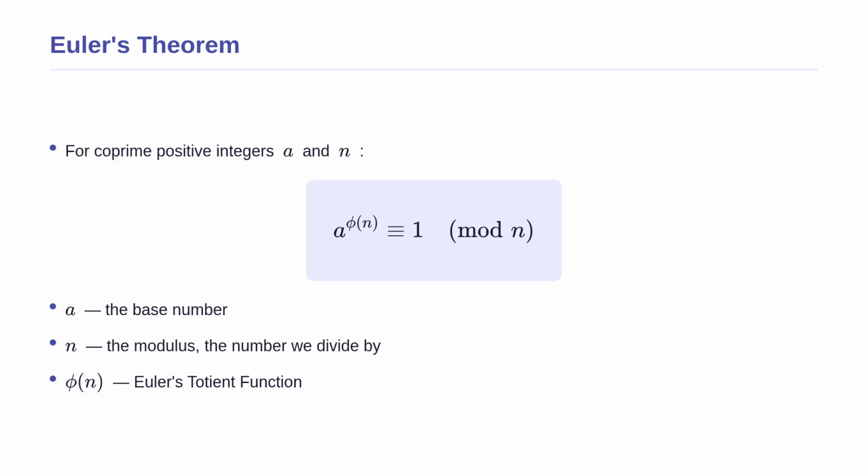Conceptually, this formula acts as a guaranteed shortcut. Instead of calculating ridiculously large numbers, we know that multiplying a number by itself this specific number of times will always land us exactly one step past a multiple of our modulus. If you increase the modulus n, the totient power phi of n also changes, shifting where this reset occurs.